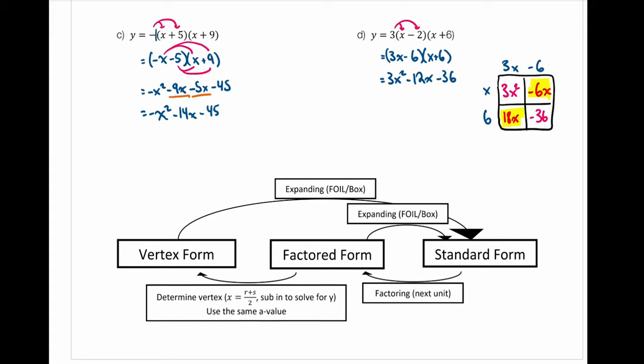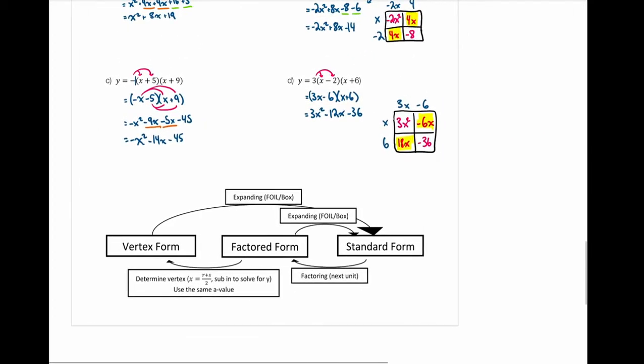You should have learned a little bit of it in grade 10, but going back, we can go back to factored form through factoring, and then from factoring, if we want to, we can go back to vertex form. So this is just kind of an overview of all the three forms and just how we can convert from one to another. And we just looked at some question specific or form specific questions that you may come across in the future.